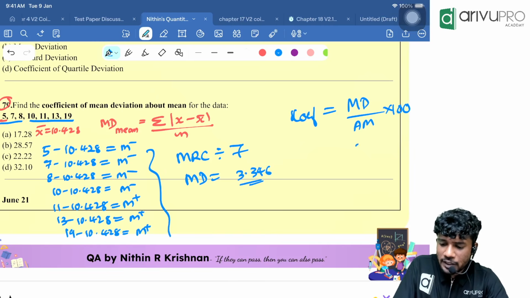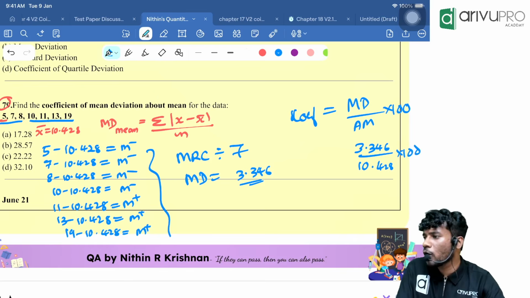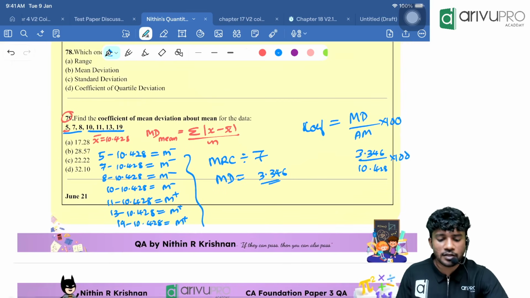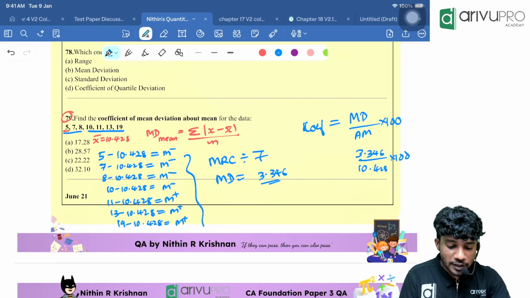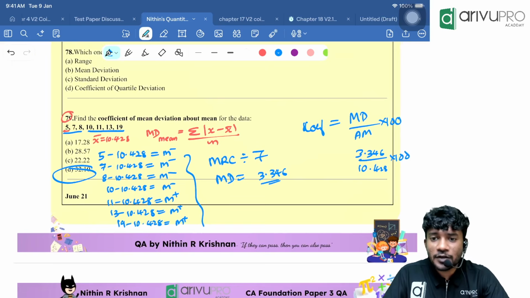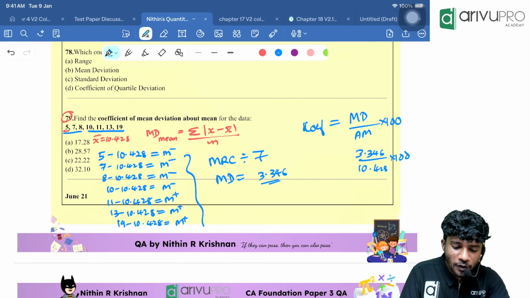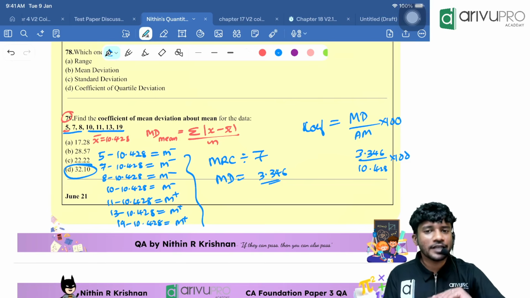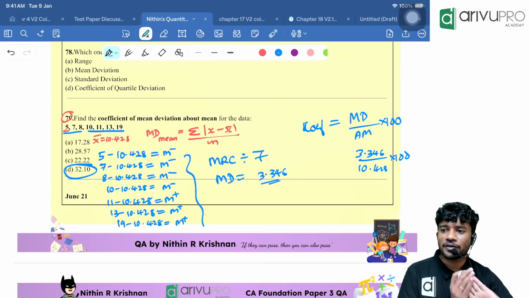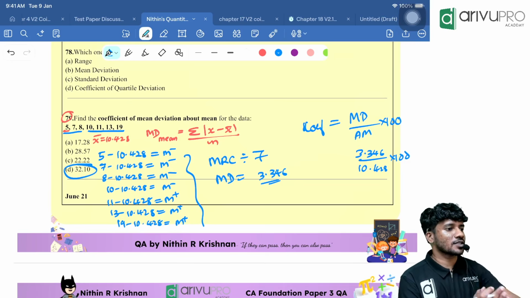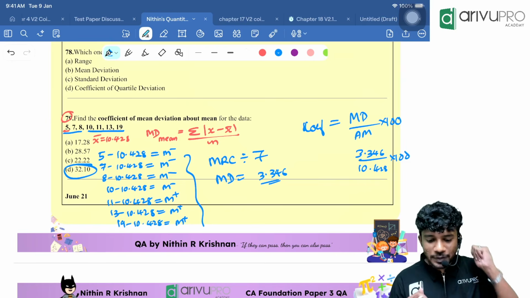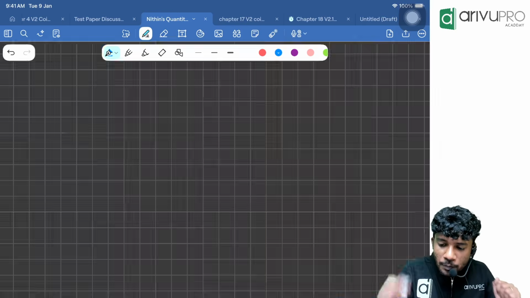That value 3.346 divided by 10.428 into 100 gives 32.09 something, which is approximately option D, 32.1. I hope everyone remembers the mean deviation and coefficient of mean deviation for ungrouped data.